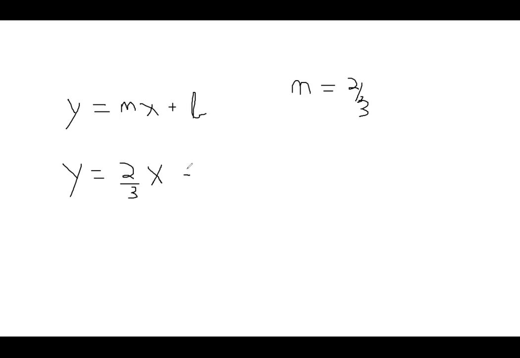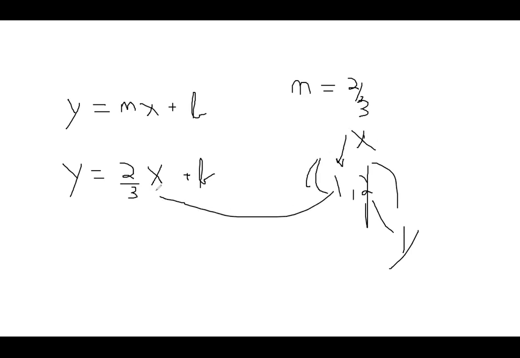Now you give me one of the points that you were given. 1, 2. Now notice this is your x value, right? Yes. And this is the y. So I can just plug 1 in here, and I can plug the 2 in over here and then solve for b.